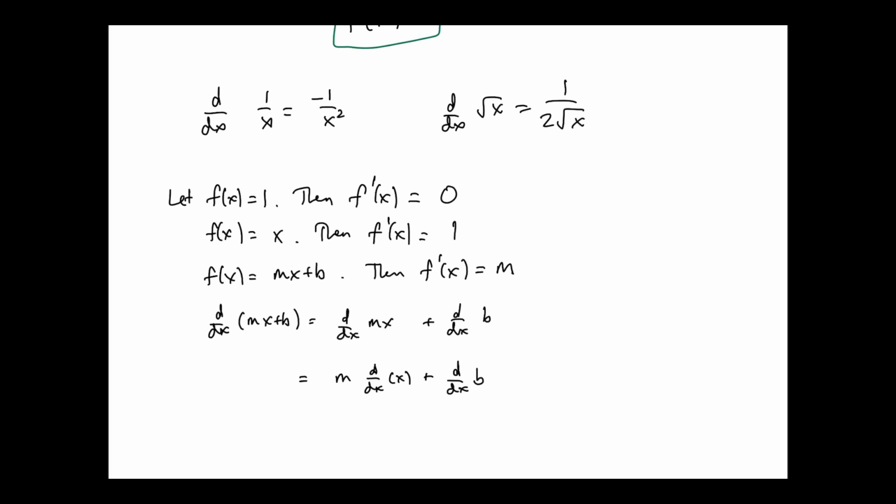So x is a straight line, mx is also a straight line, but what does multiplying by a constant do to the graph? Yeah, it scales it. If m is bigger than 1, this corresponds to stretching it vertically. If m is less than 1, it corresponds to squashing it vertically. And if it's negative, it'll flip it over the axis also.